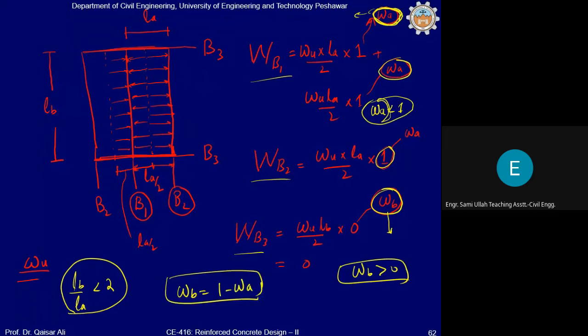So WA you will pick from the table, again from the same shorter to longer span ratio and from different boundary conditions. The WA values will be given, and then WB can be calculated from WA using this relation. Okay.